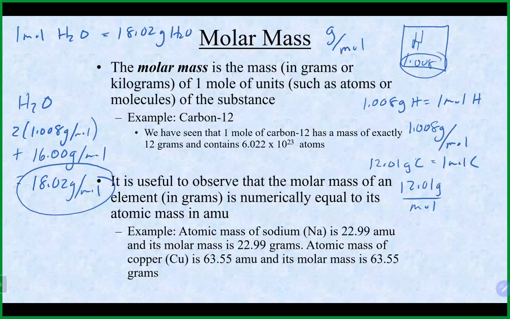Question on that there. We use this like a conversion factor as well. So we could say, again, for water, that there's 18.02 grams per mole for water. Or you could flip it around and say a mole of water would be 18.02 grams.